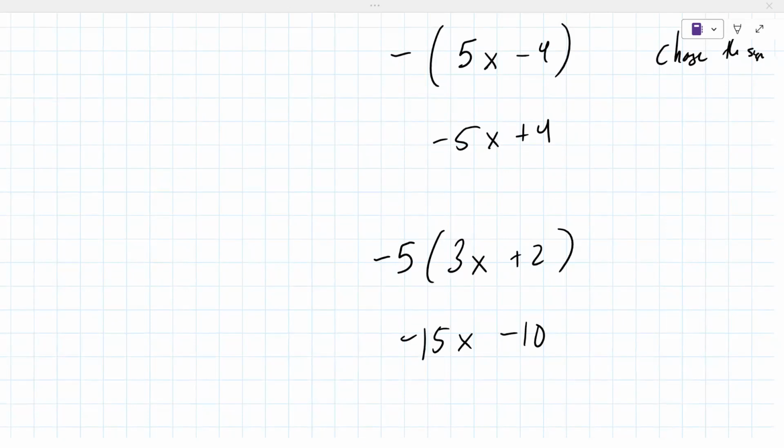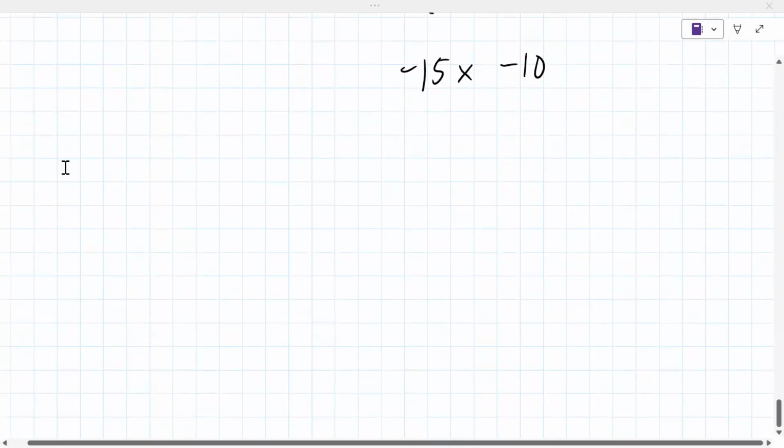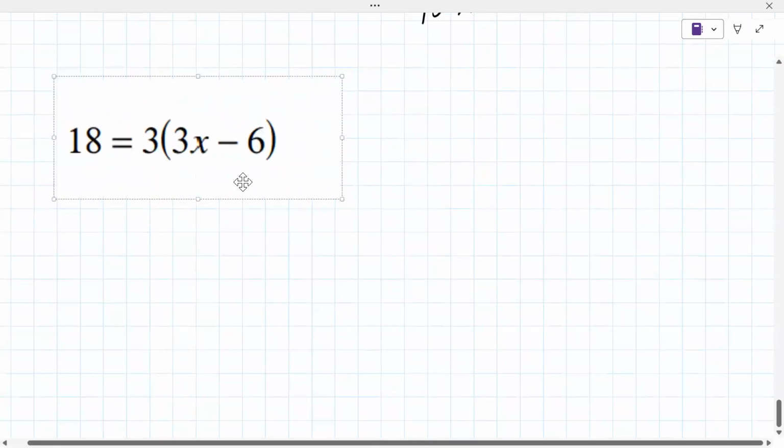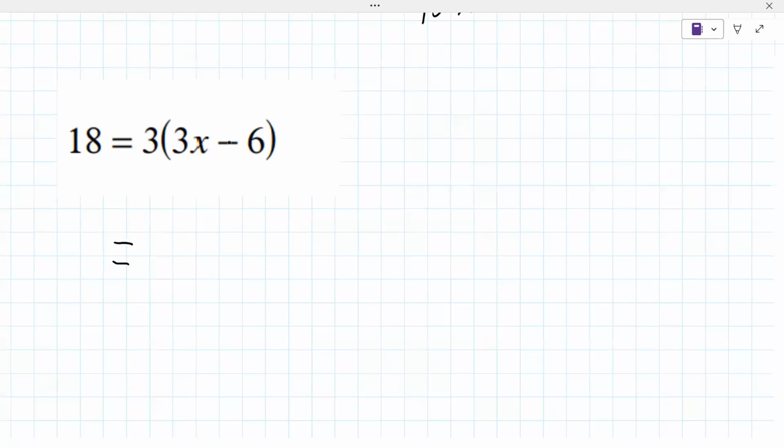Well, let's look. Sometimes you have some problems here where you have to apply the distributive property first. So you have to first multiply in by 3. So tell me what the right side becomes after you multiply in by 3. The right side becomes 9x minus 18. Okay. And then 18.